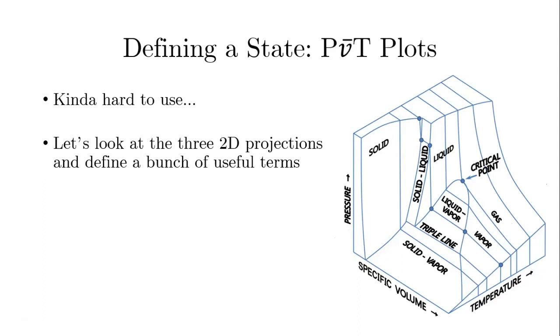And basically, as you can see, the pressure is going up as you go up the vertical axis, the volume goes up as you go across the horizontal, and temperature goes up as you go into depth-wise. What we should do is look at 2D projections, and we will really look at two and really need one for this class.